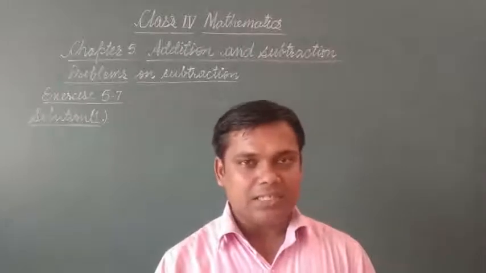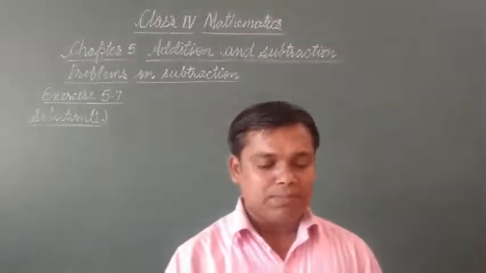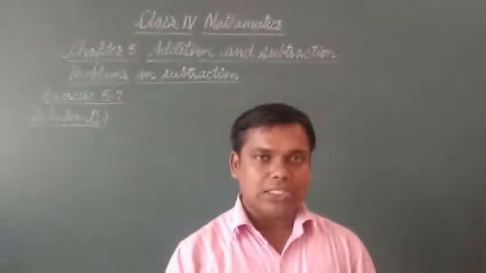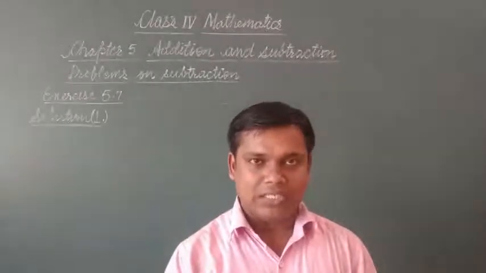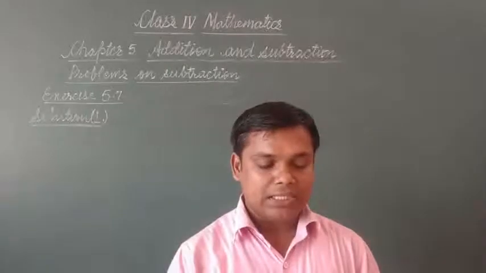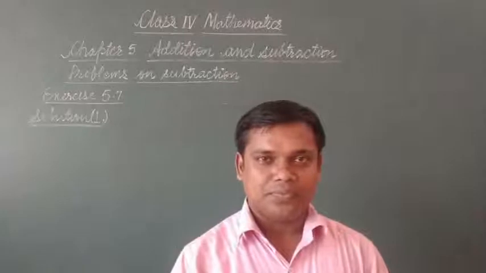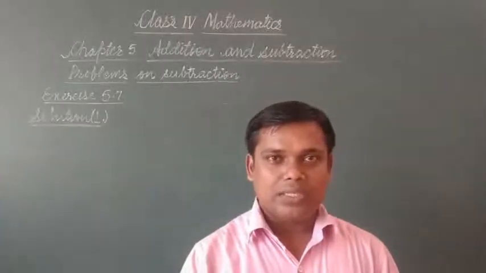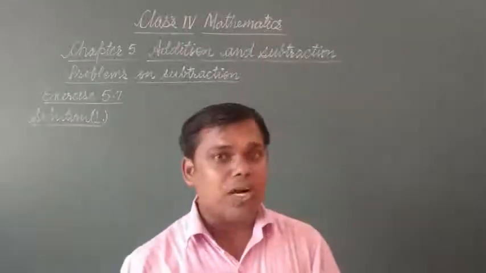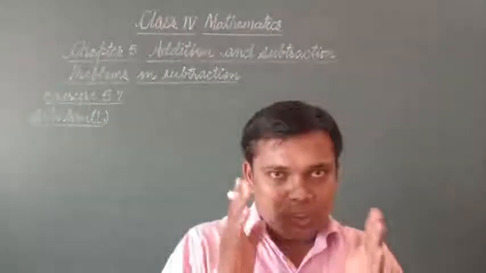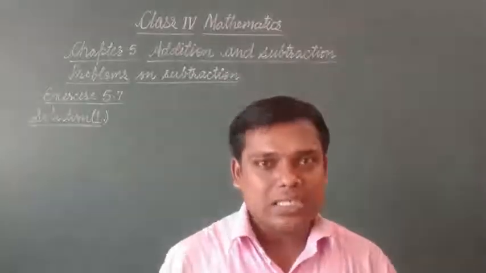It is written here, what must be added to 2571 to get 4000? It means we have to find a number which is added to the given number to get the required sum.